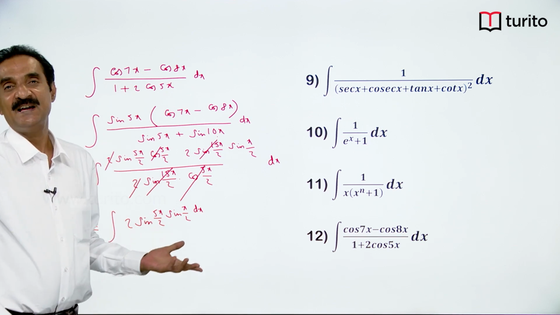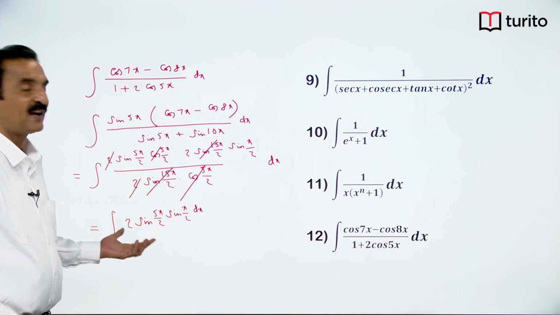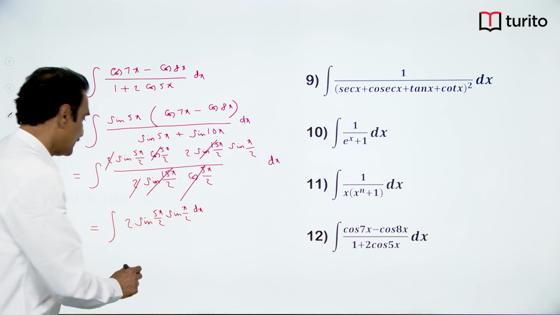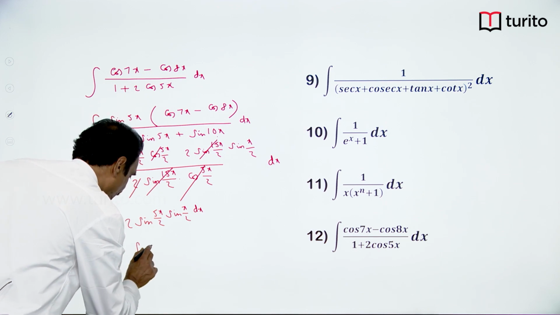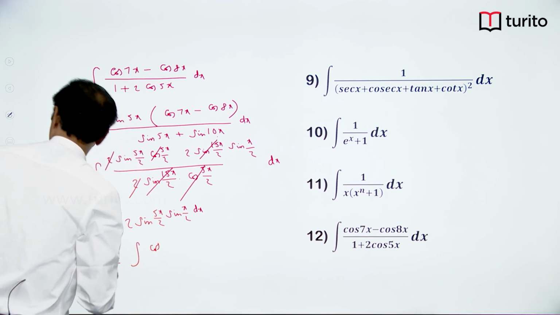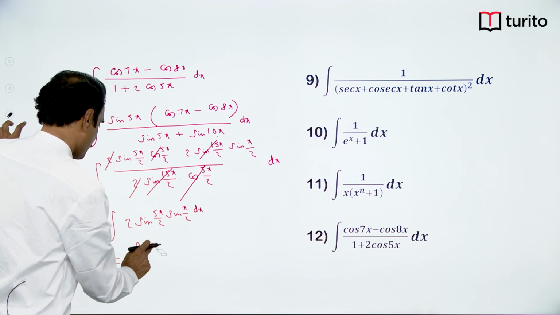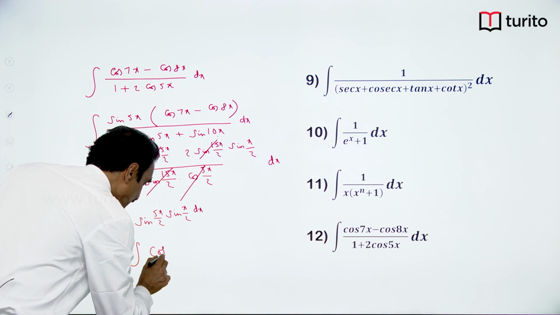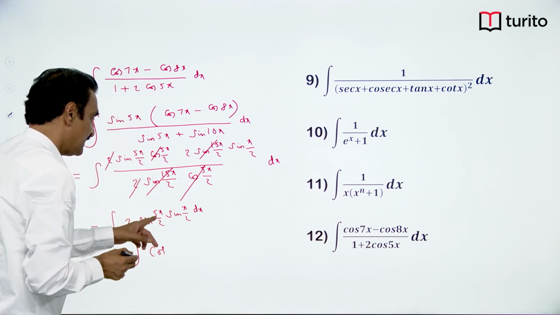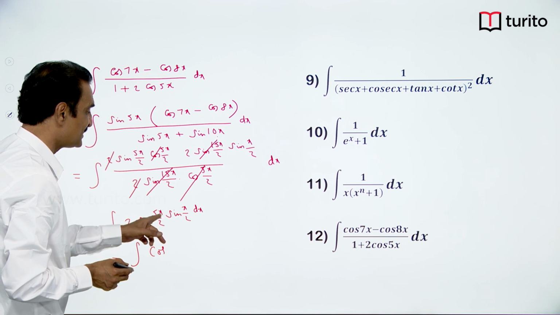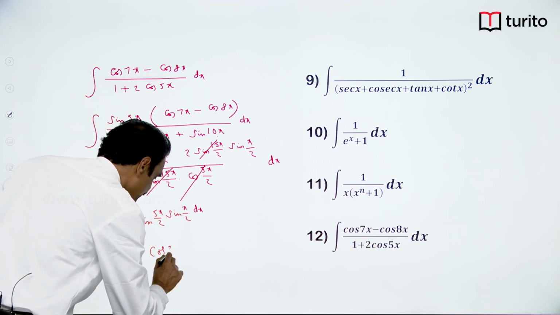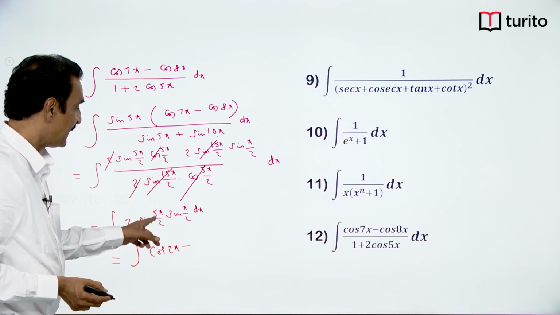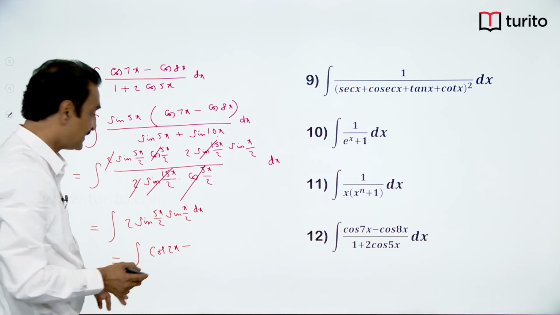Now 2 sin A sin B formula. 2 sin A sin B is cos (A minus B) minus cos (A plus B). So it is cos of A minus B, which is 5x by 2 minus x by 2, 4x by 2 or 2x, minus cos (A plus B), 5x by 2 plus x by 2 is 6x by 2, that is 3x.